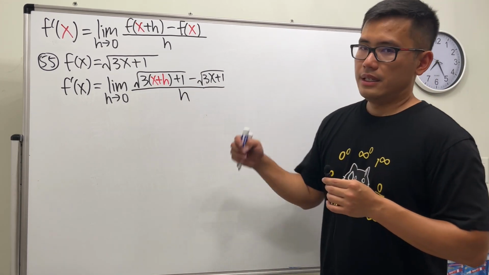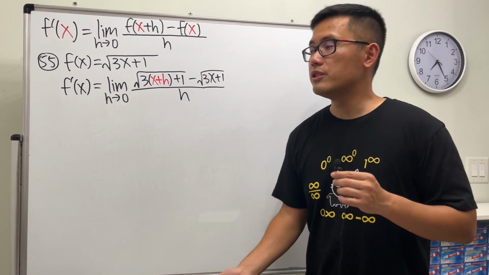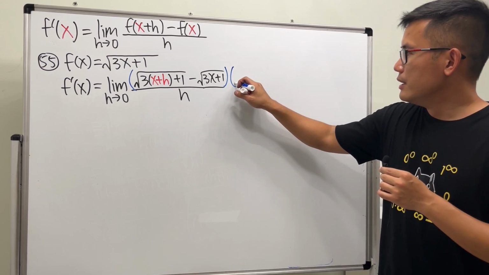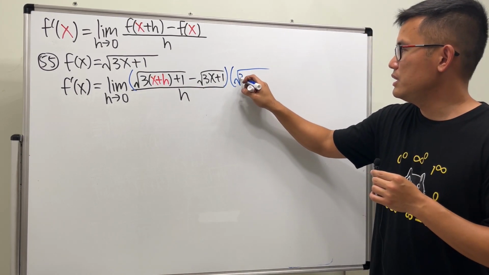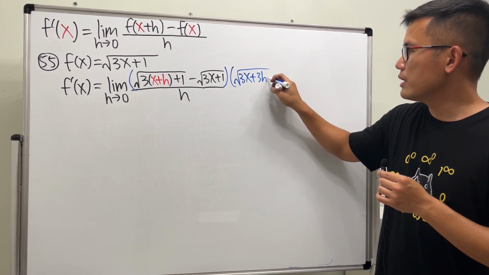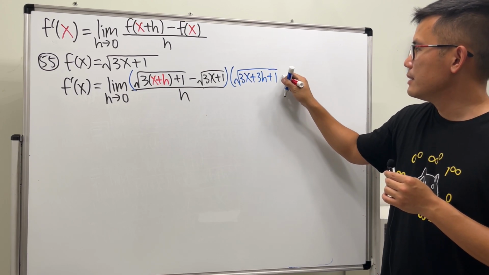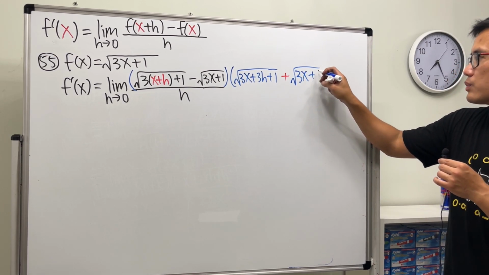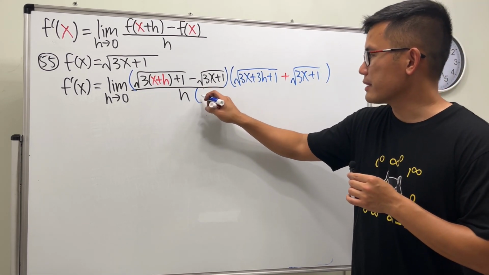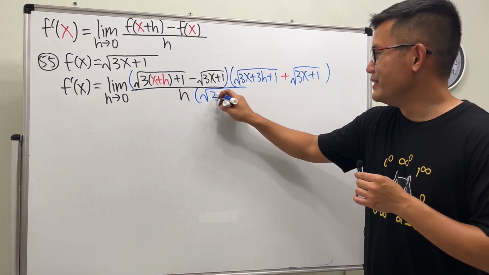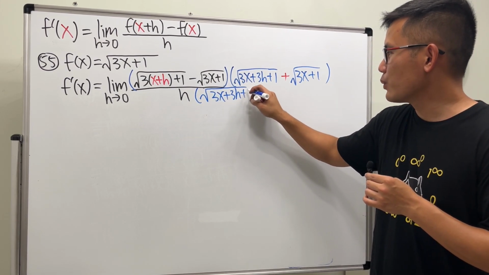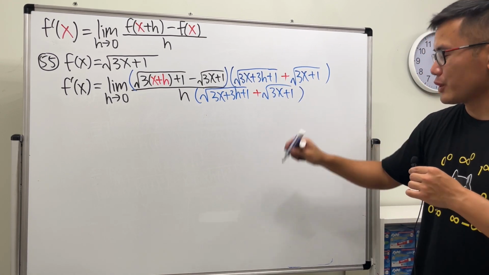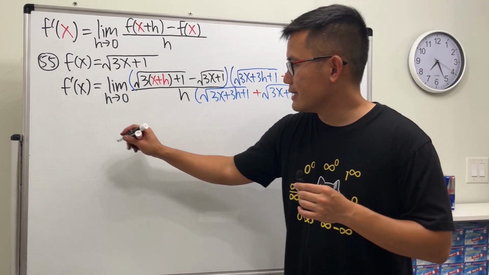Okay, square root business, use the conjugate, right? So let's multiply the top and bottom by the conjugate, and let's multiply this out. So it's 3x plus 3h, and then plus 1, and then plus the square root of that, which is 3x plus 1. And let's do the same on the bottom: 3x plus 3h plus 1 plus square root of 3x plus 1. Cool. All right.